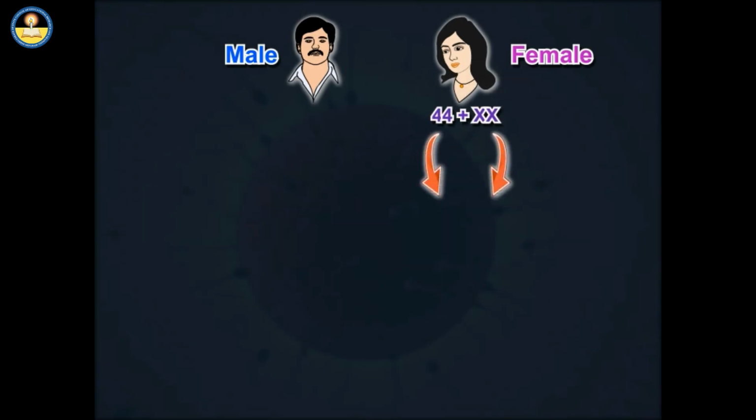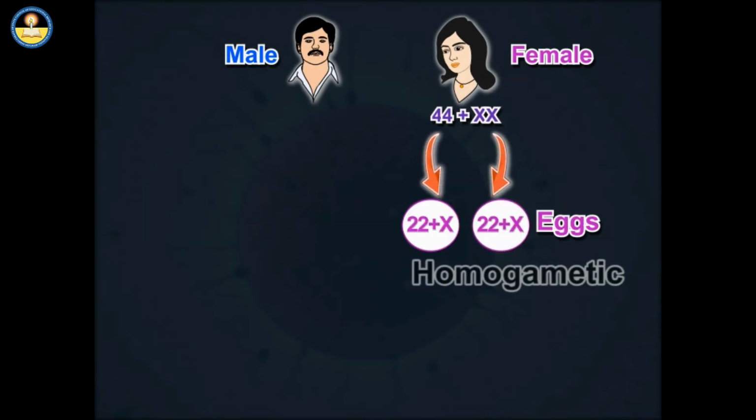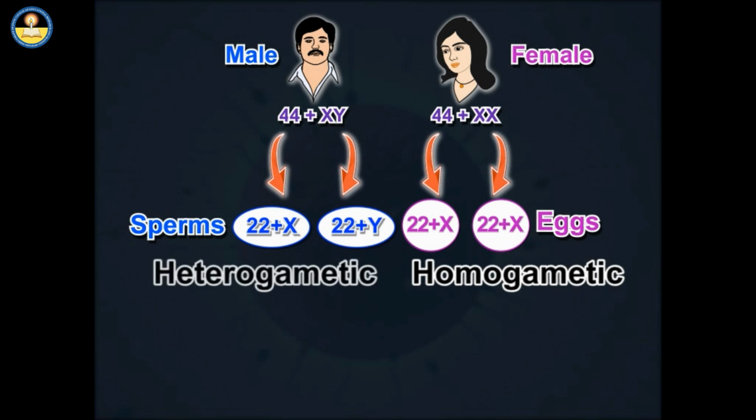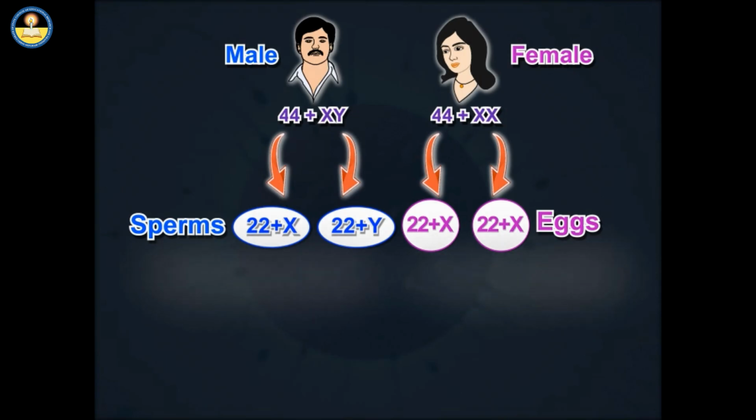Female gamete in humans is said to be homogametic because all its cells possess the X chromosome. Sperm gametes are heterogametic because around half of them contain the X chromosome and the other half carries the Y chromosome. Since sperm is a variable factor, it is responsible for determining sex.